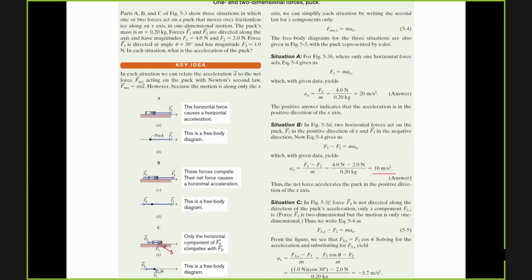But here in situation C, I don't have F1. I have only F2 and F3. The magnitude of F3 is small, 1 Newton. But F2, how much did we say? F2 is 2 Newton. In this case, what is the acceleration?